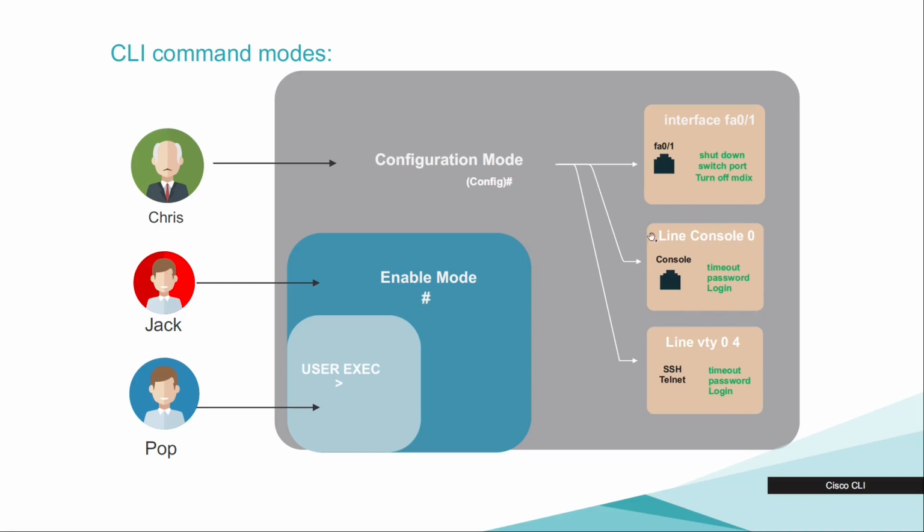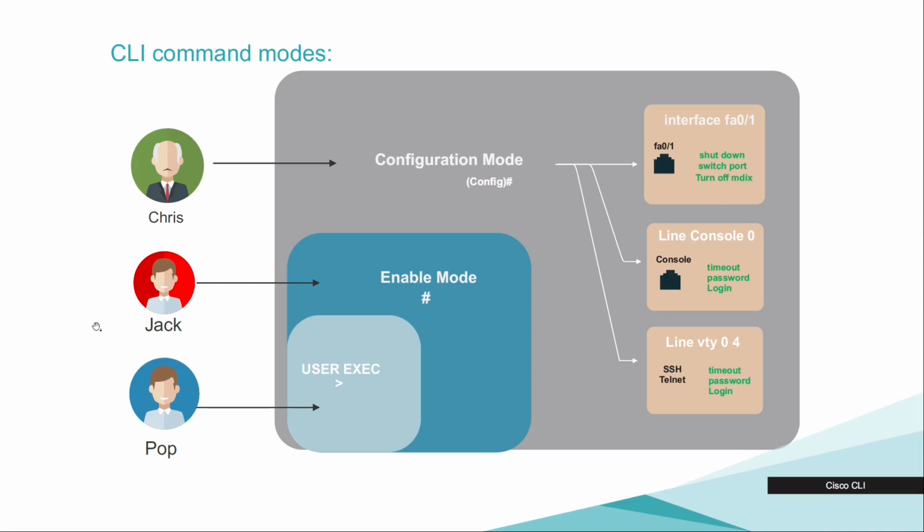So as you can see here, the CLI modes will allow us to separate the configuration portions of our switch. Also, the CLI modes will add a layer of security to our device. What do we mean by that? Let's imagine that we have a company, and inside that company we have Bob, Jack, and Chris.